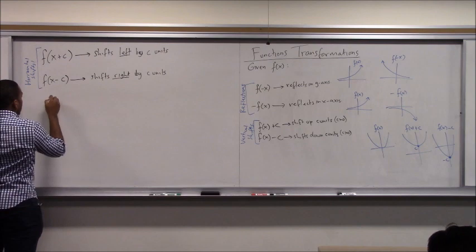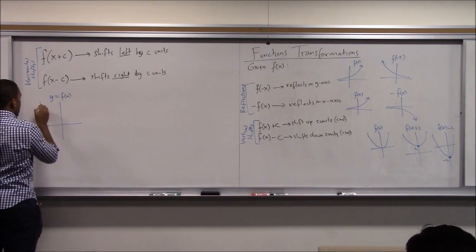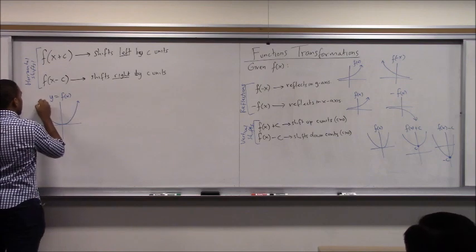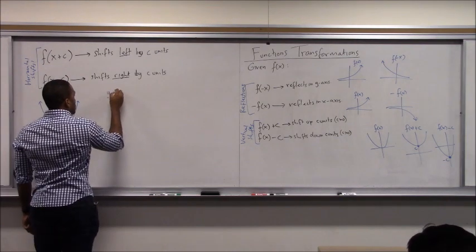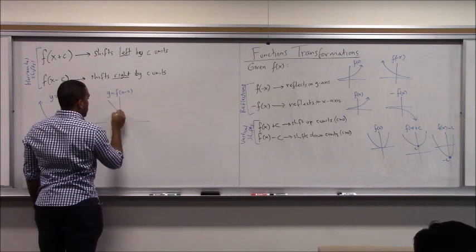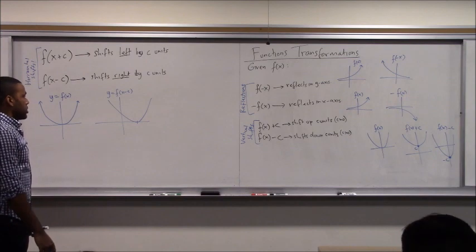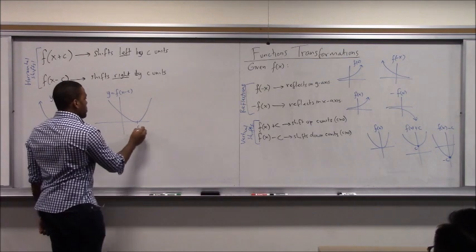So if you have y equals f of x, let's use some quadratic again. Then y equals f of x minus c will shift it to the right. As you can notice, when you plug in x equals c, it should give you 0.